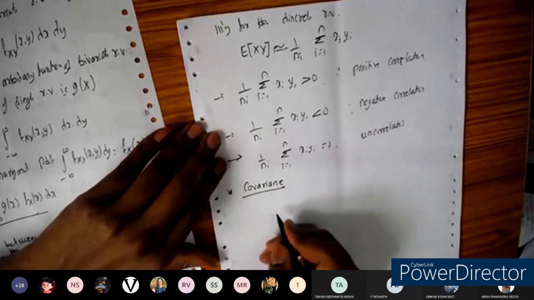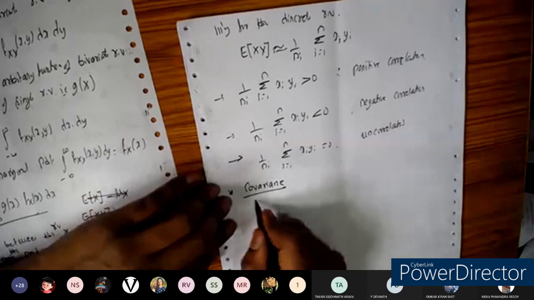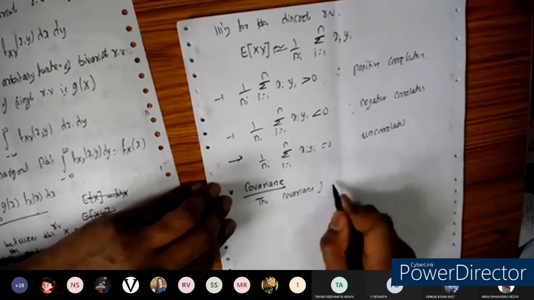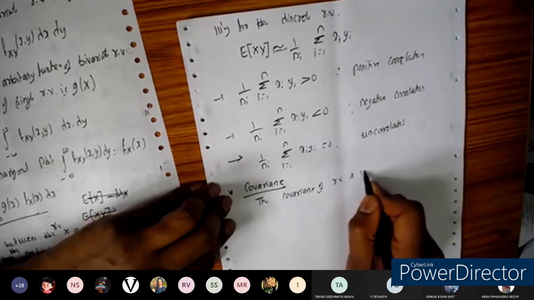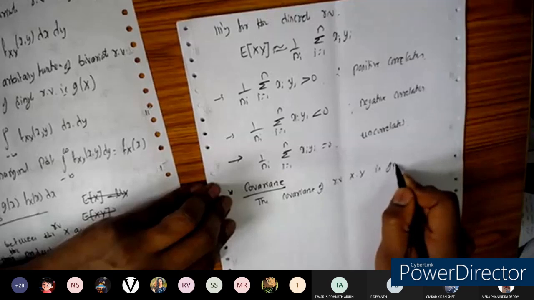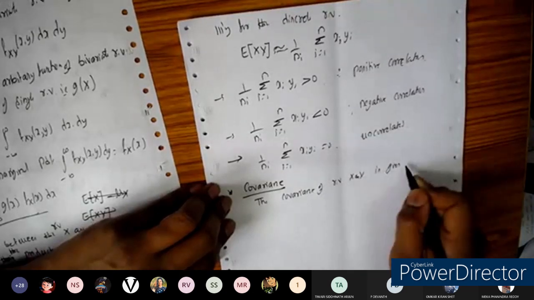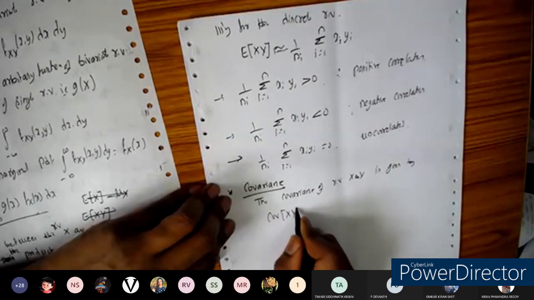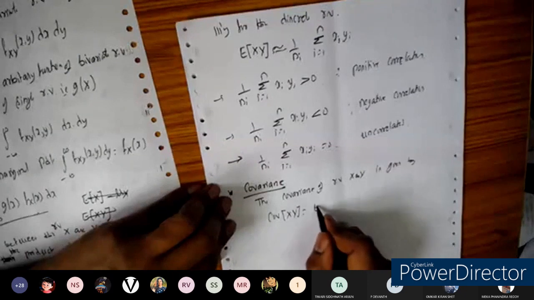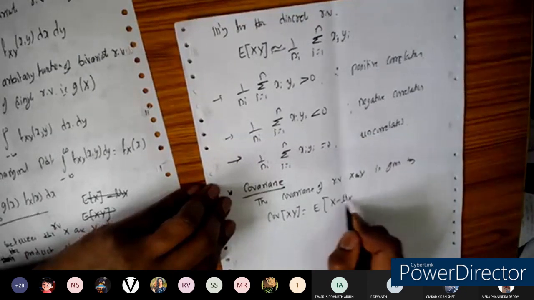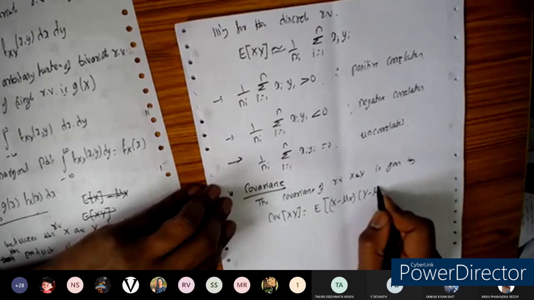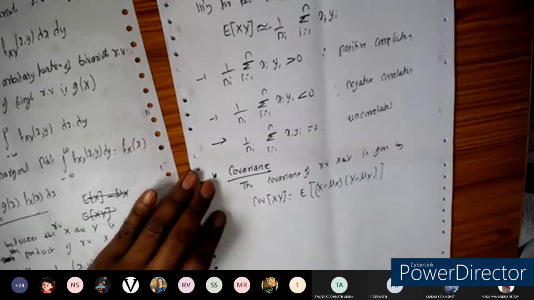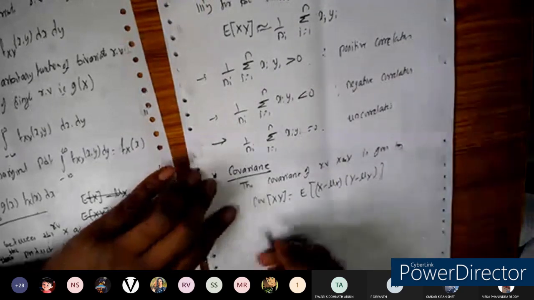The covariance of the random variables x and y is defined as Cov(x, y), which is the expectation of (x minus nu x) into (y minus nu y).